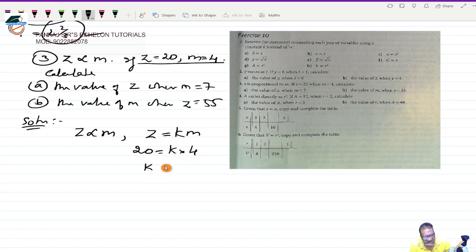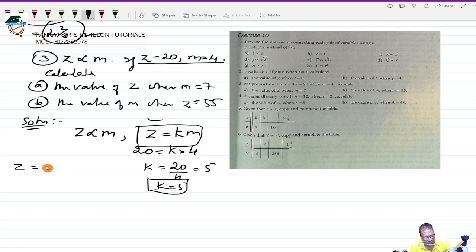So this will give me K is equal to 20 upon 4, which is nothing but 5. So I get K is equal to 5. Now this K equal to 5, I'm going to put back in this formula to give me Z is equal to 5M. Now this formula connects Z and M with a constant whose value is now known. This formula we are going to use to find out A and B.